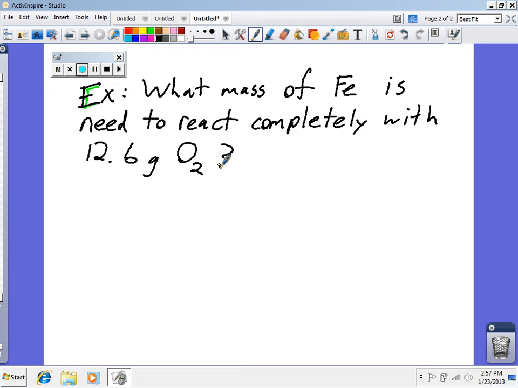Again, we're using the same equation. We have 4 moles of Fe plus 3 moles of O2 to yield 2 moles of Fe2O3.